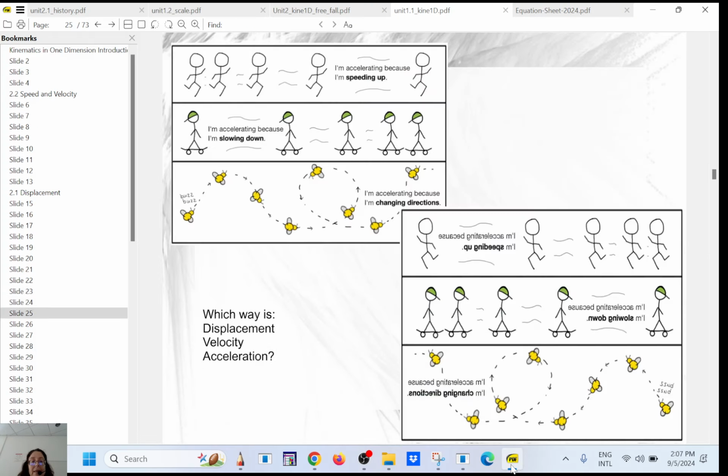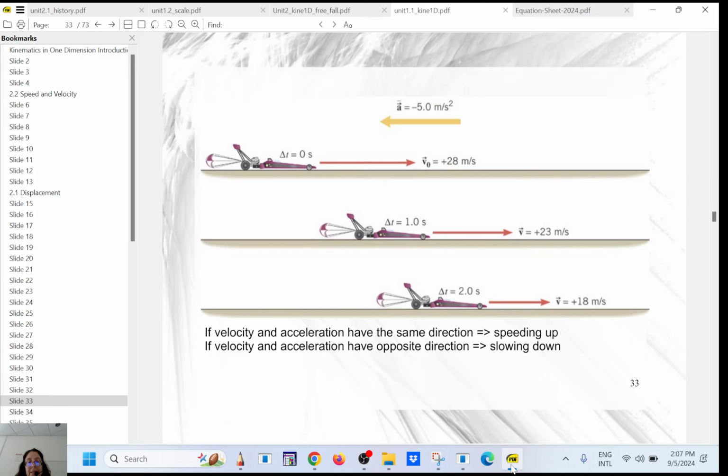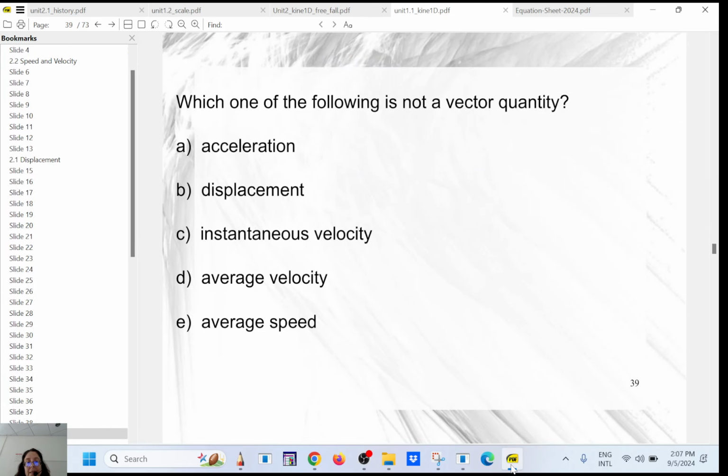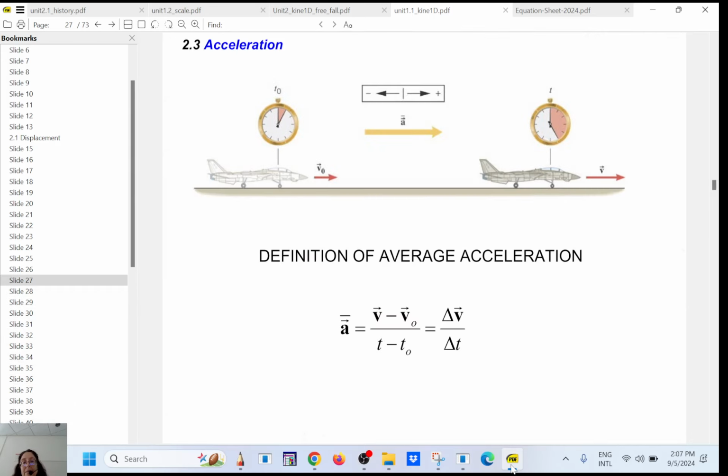Another slide that I had to fix is about acceleration. Average acceleration is, by definition, the change in velocity over the change in time. Acceleration is a vector, and the change in velocity is also a vector.